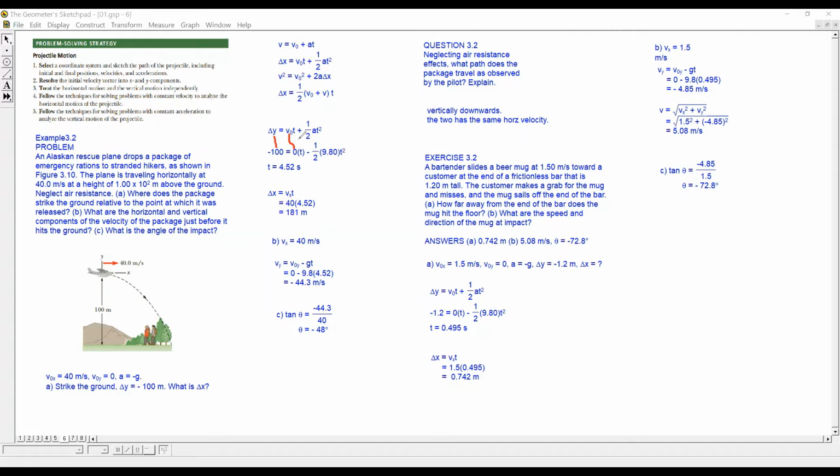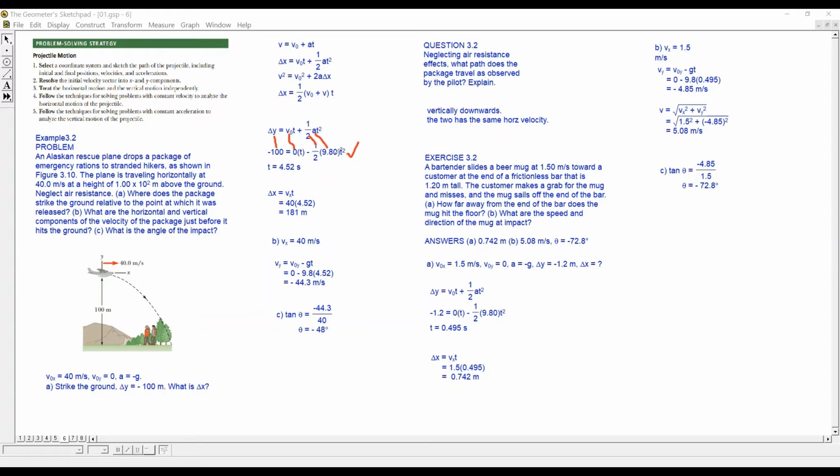The time is what we want to find, right? Then the half is still half. Acceleration due to gravity is negative 9.8. And this time is what we want to find. The time is the one that is common for both components, and this is the relation between them. We are going to use this.